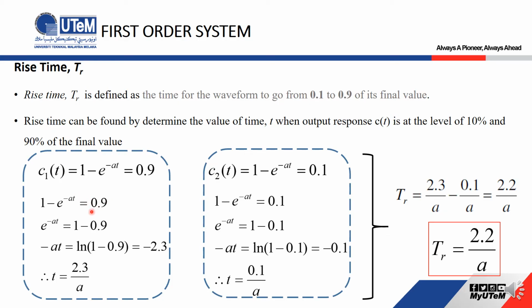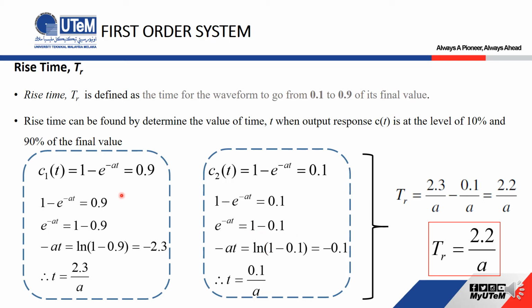By doing so, we get t for c(t) equal to 0.9 is 2.3 over a, and t for c(t) equal to 0.1 is 0.1 over a.